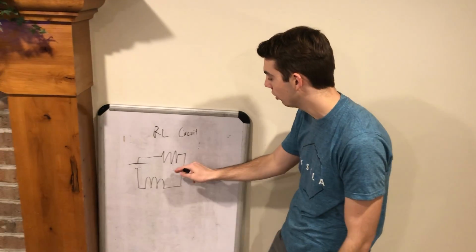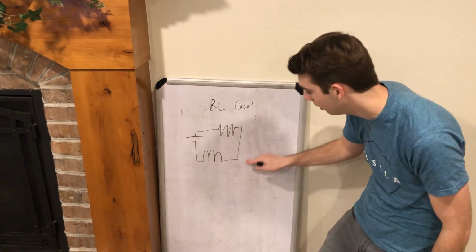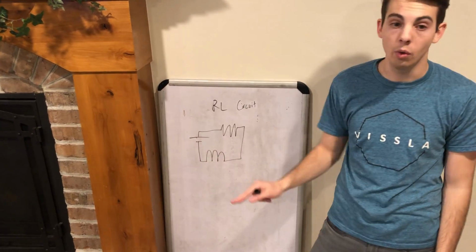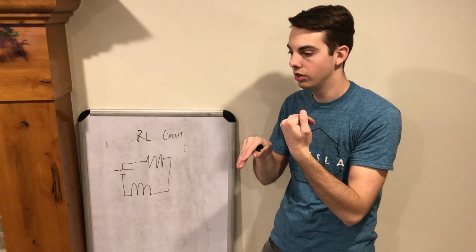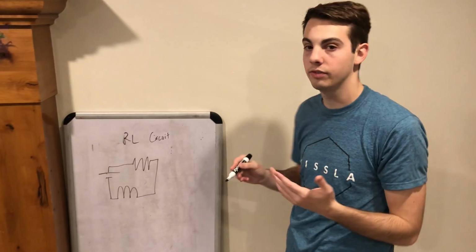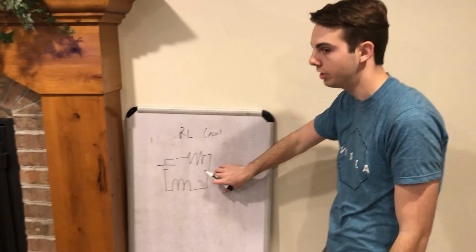So when we turn on this circuit, the current coming through here is going to create a current in the opposite direction. I'm going to draw a graph of what the current looks like when we turn on this circuit.